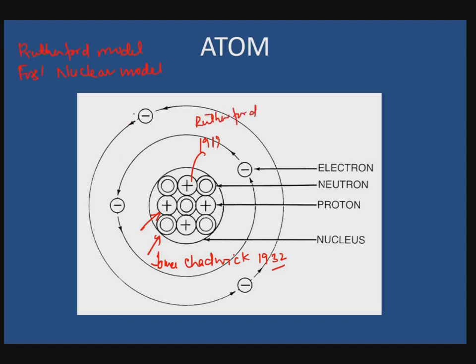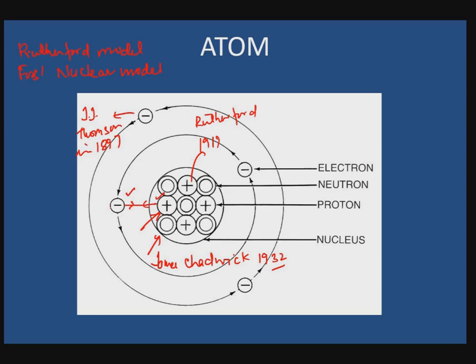And the electron, as you know, revolves around the nucleus, and was discovered by J.J. Thomson in 1897. The force responsible for this revolution is the electrostatic attractive force between electron and proton, which provides the necessary centripetal force.